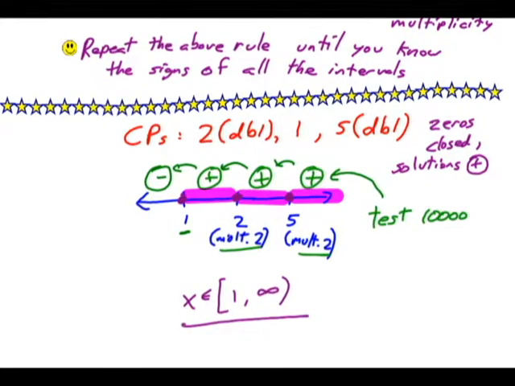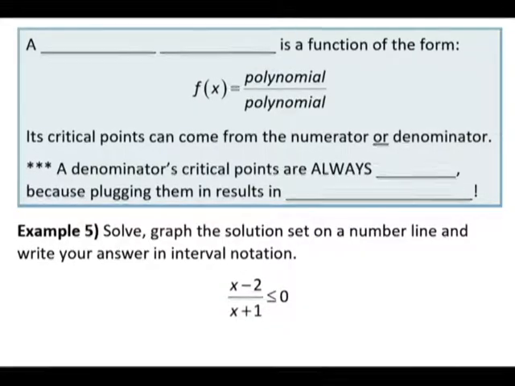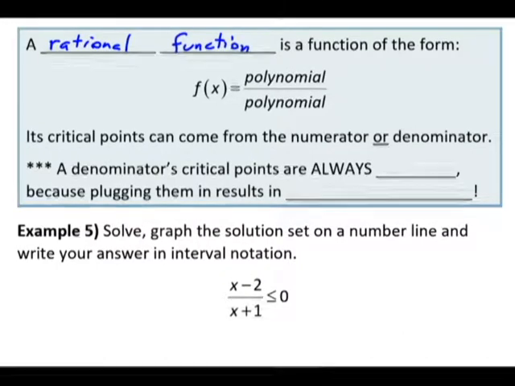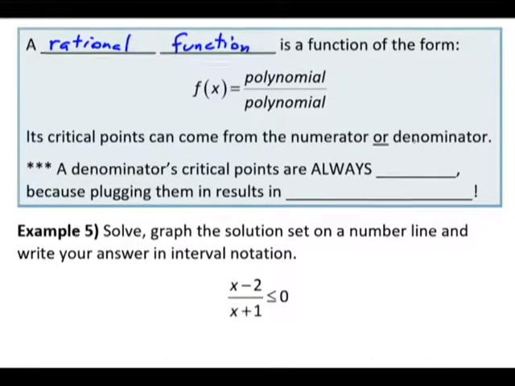With this technique, we can also solve inequalities involving rational functions. This is like a fraction, except with polynomials. We can get critical points from the numerator or the denominator. We'll get them all. With one major difference, the denominator's critical points are not going to be zeros.